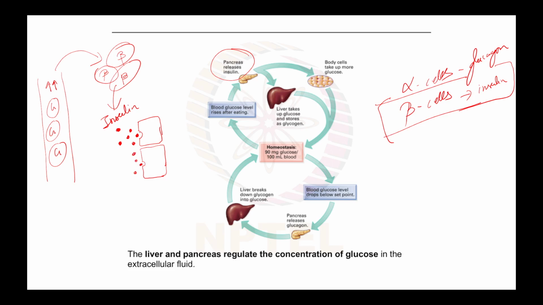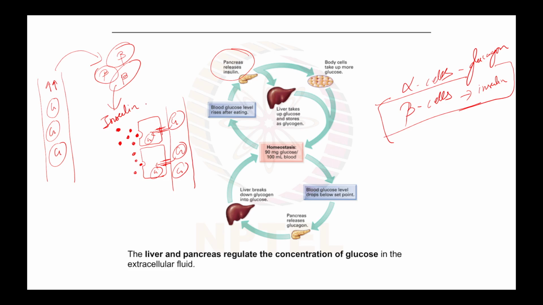So when the insulin is sensed by the liver cells or other cells through this receptor, it opens the channels present on the cell so that the high glucose present in the bloodstream can enter. The glucose entry channel will open and the glucose comes into those particular cells.